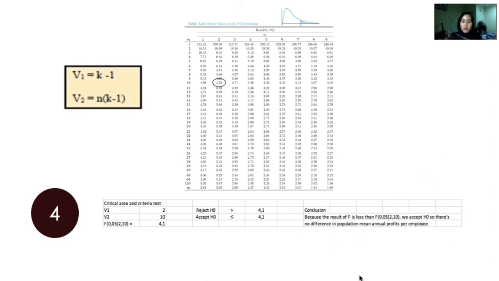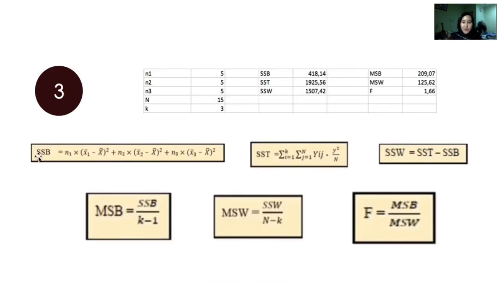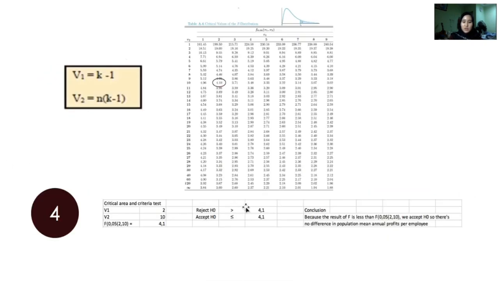So to conclude our problem, we have to define the condition. If the result of F is bigger than 4.1, then we must reject H0. If the result is less than 4.1, then we have to accept H0.